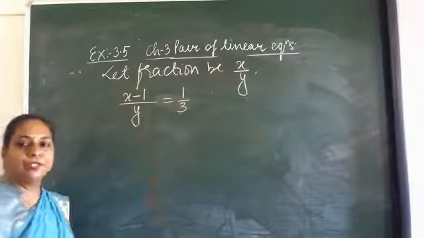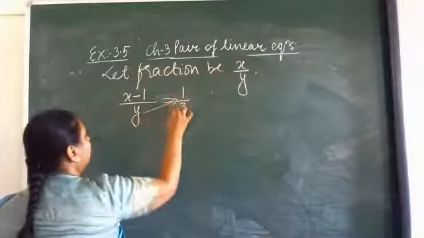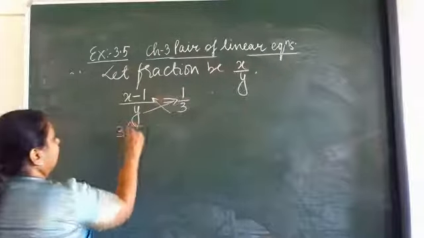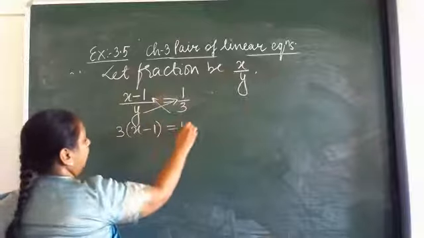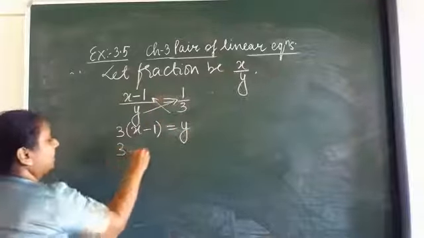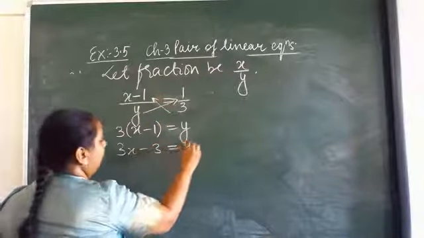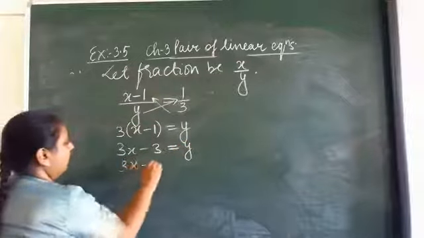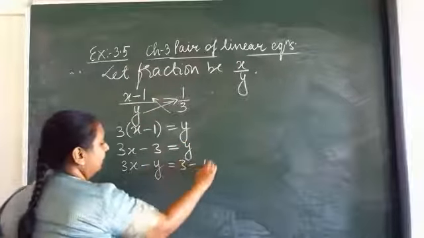This gives you the first equation. On cross multiplying, 3 times x minus 1 is equal to y. So 3x minus 3 is equal to y, or 3x minus y is equal to 3. This is the first equation.